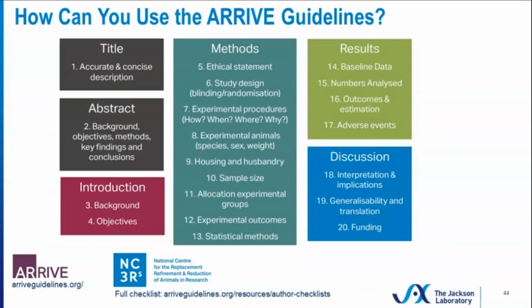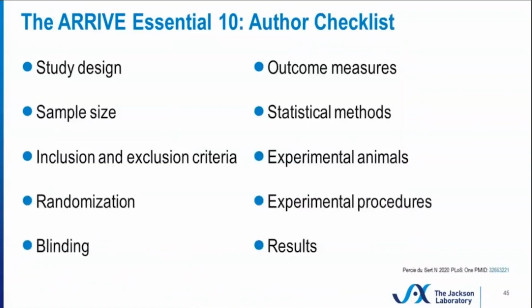But the ARRIVE guidelines were tweaked recently to make ARRIVE guidelines 2.0, understanding that sometimes those 20 factors cannot be mentioned in papers as clearly as they should be. So the guidelines were tweaked to incorporate the essential 10, a checklist of the 10 things that absolutely should be reported.